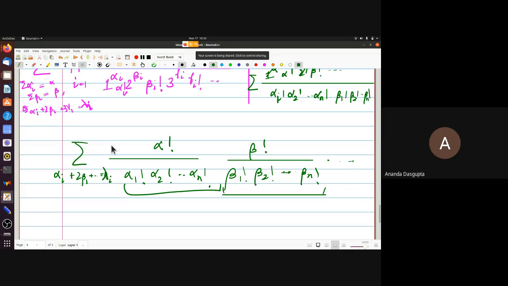So I will leave this as a hint. Think about this. Try to figure out how to express this quantity, this number, as the coefficients of a polynomial, or a multinomial. That's really more precise.